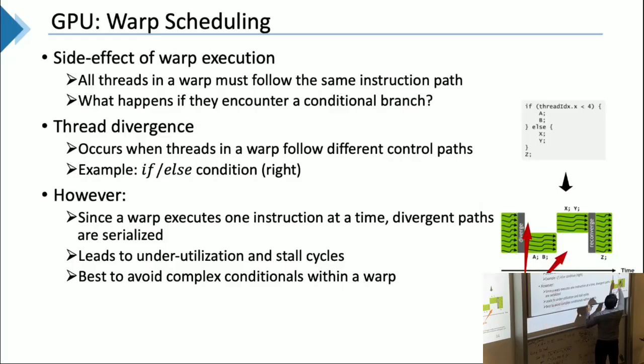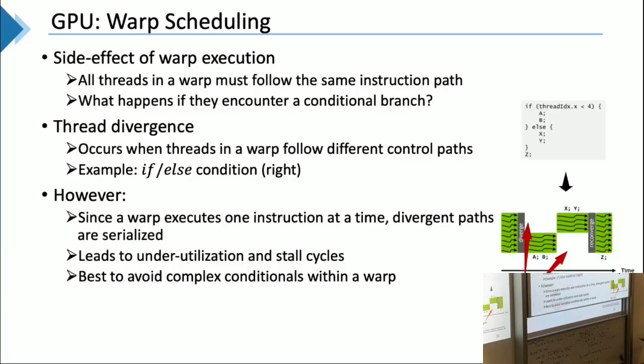For example, the first 4 threads execute their computation while the other threads stay idle. Then, when the first 4 threads finish, the hardware comes back to process the second 4 threads. So it introduces some inefficiency when you are not aware of the idea of warp.